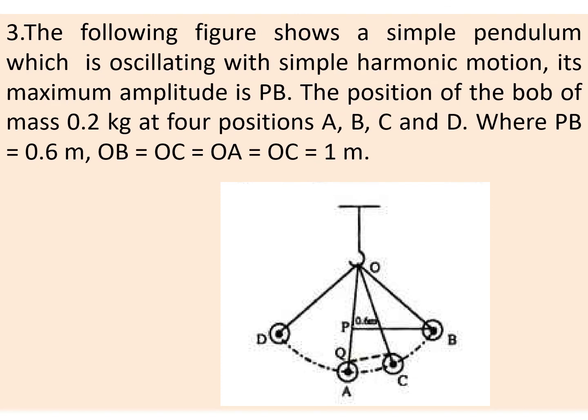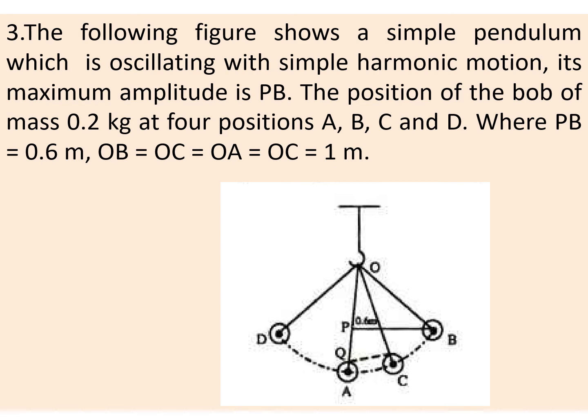Dear students, third problem. The following figure shows a simple pendulum which is oscillating with a simple harmonic motion. Its maximum amplitude is PB. The position of the bob of mass 0.2 kg at 4 positions A, B, C and D, where PB equals 0.6 meter, OB equals OC equals OD, OA equals 1 meter.